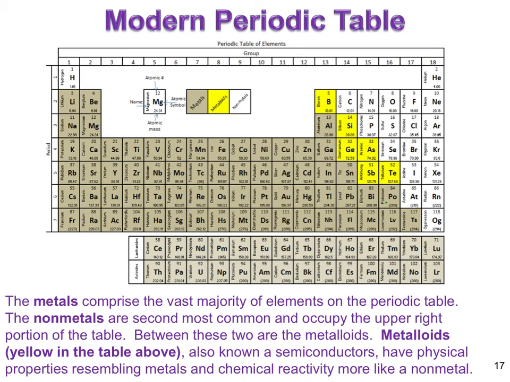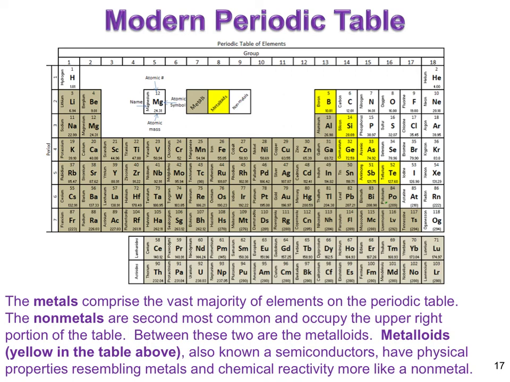The periodic table is also grouped into metals, metalloids, and nonmetals. The metals comprise most of the periodic table and have properties such as conducting electricity fairly easily, conducting heat fairly easily, and being malleable: you can make them into wires, bend them, and such.